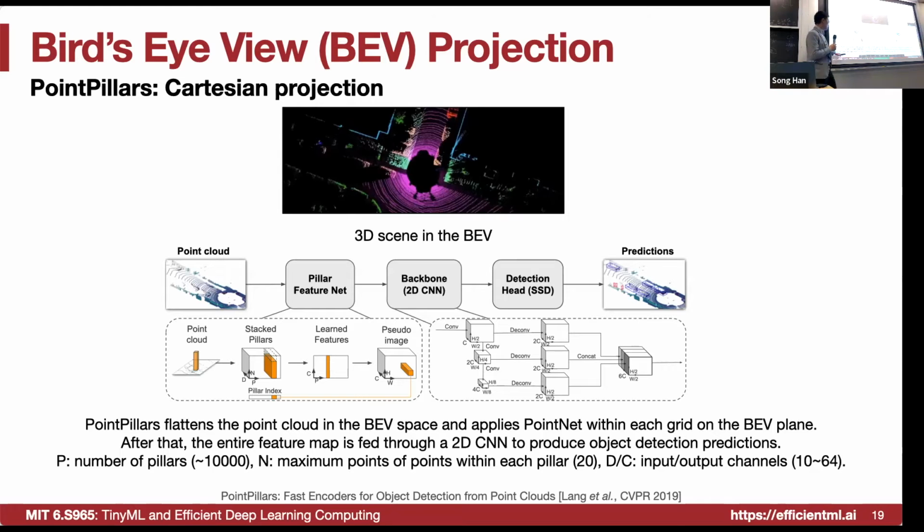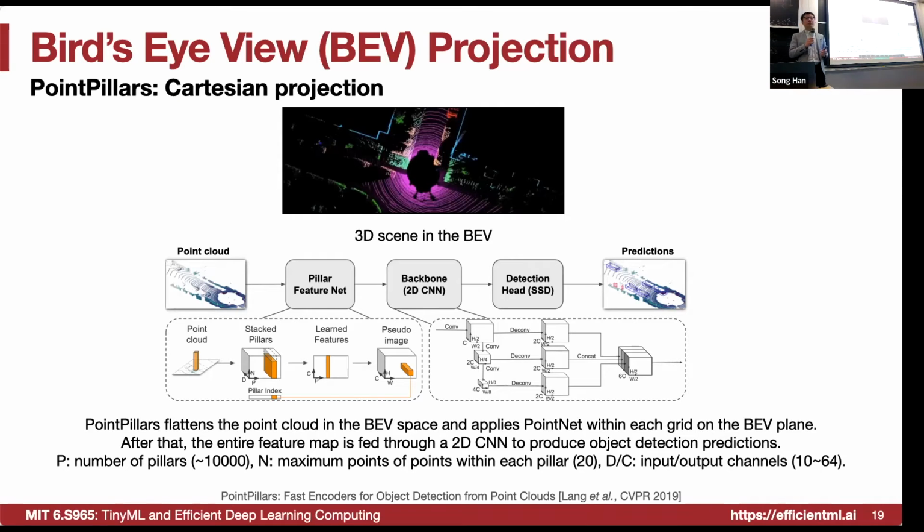Here we have a couple of hyperparameters. For example, P is the number of pillars, roughly 10K pillars. N is the maximum number of points within a pillar, roughly 20. If it is above 20, we are going to cap it at 20. D and C are the input and output channels. So we are going to do some feature extraction on the learned features, and then continue with the 2D convolution.